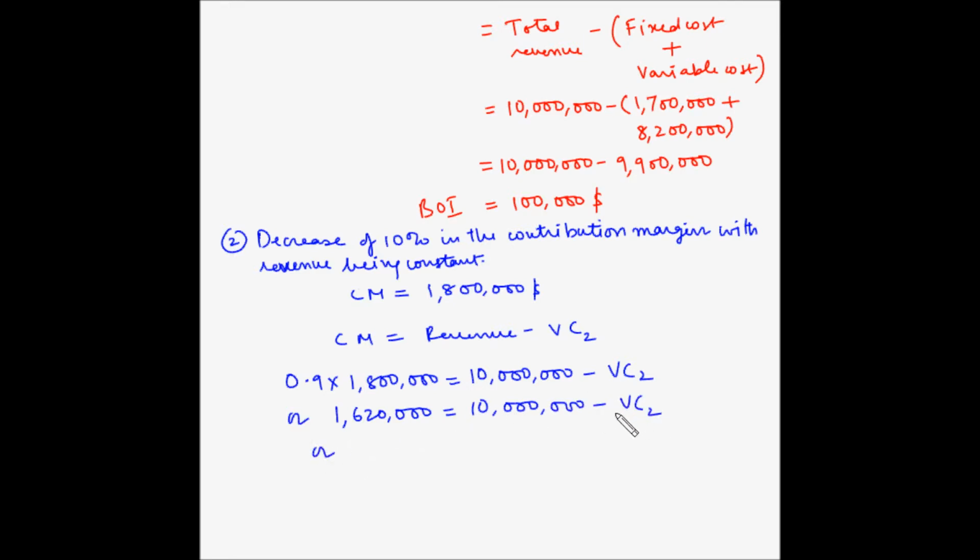So let's now bring VC2 on one side. So VC2 is equal to 10 million minus 1.62 million, and this is equal to 8.38 million.